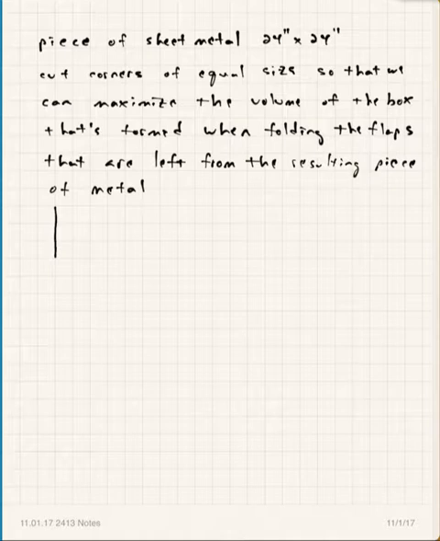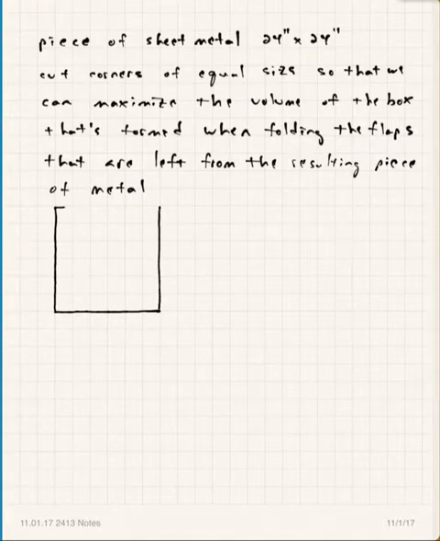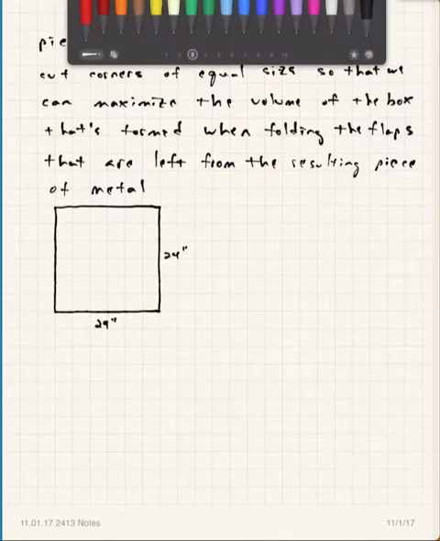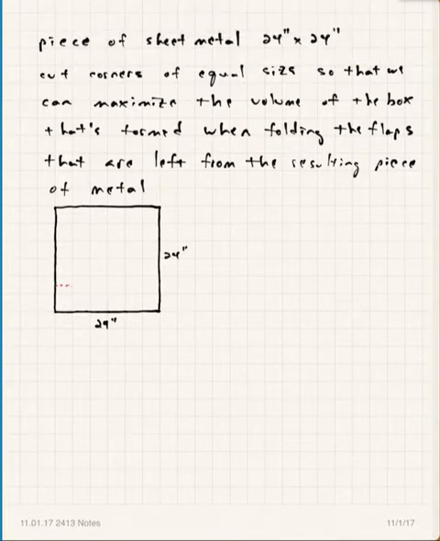So here you have a piece of sheet metal right here. It's a square piece of sheet metal. It's 24 inches by 24 inches. That's what we're told. And what we are going to do is we're going to cut out corners here of equal size, like so. And when we do that, notice that the piece of tin that we have left after we cut those corners is going to look like this.